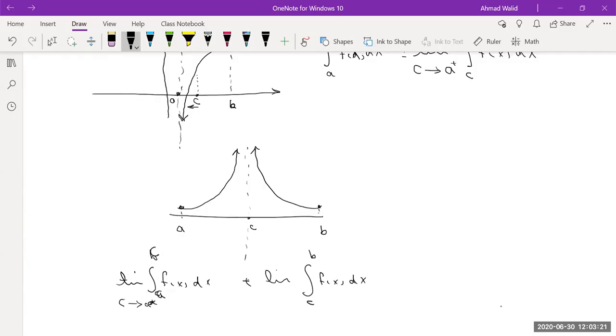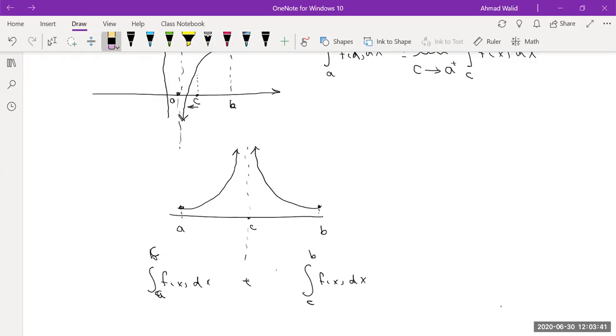I will not put the limit here for the time being, because later I will explain how to deal with this part. Actually you will learn in case 1 and case 2 how to deal with it. You are dealing with two integrals in this case, and you are adding those areas at the end.